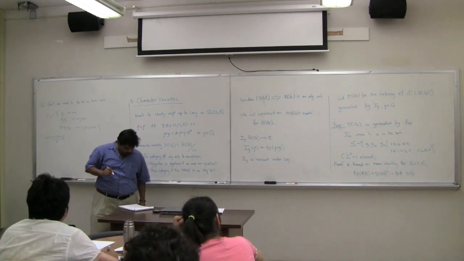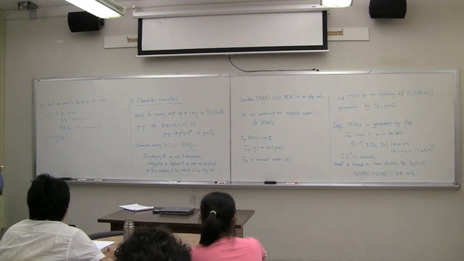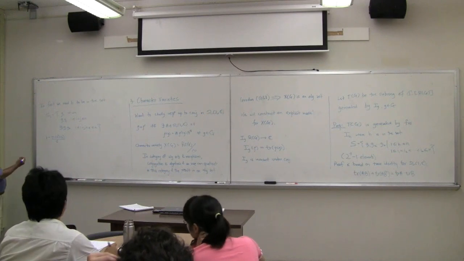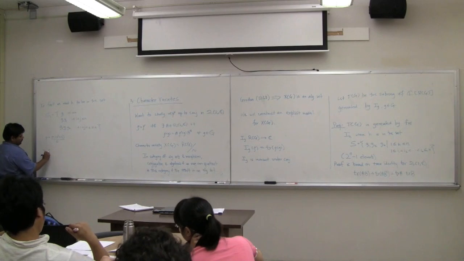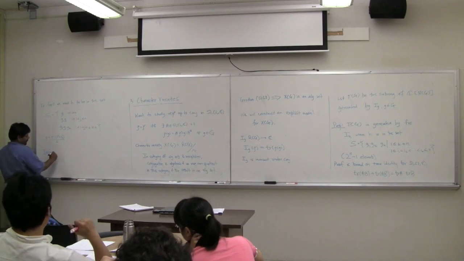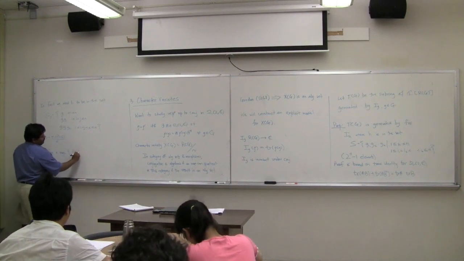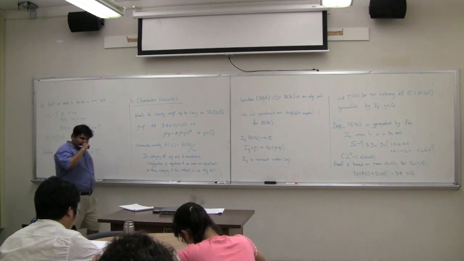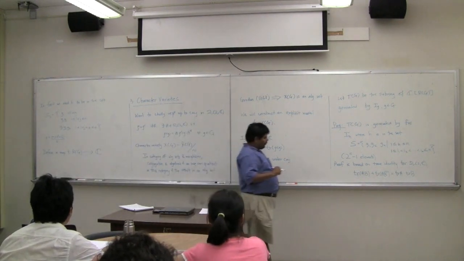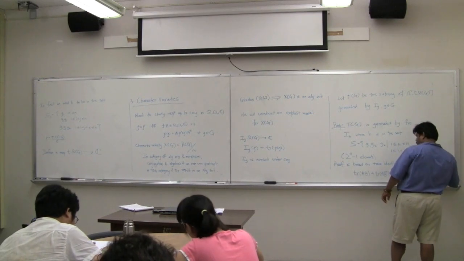So now what we are going to do is construct an explicit model. We are going to map R of G to C to the power something. It depends on which paper you read, so I'm going to give you both options.